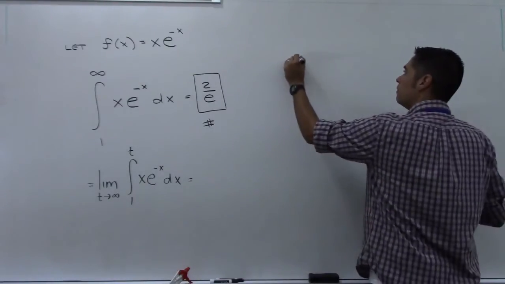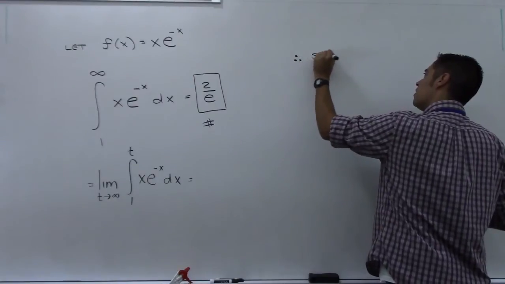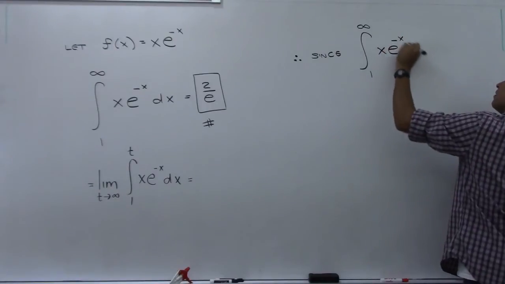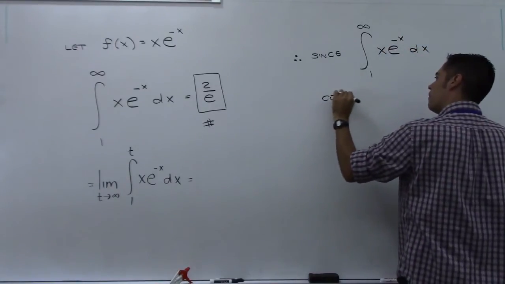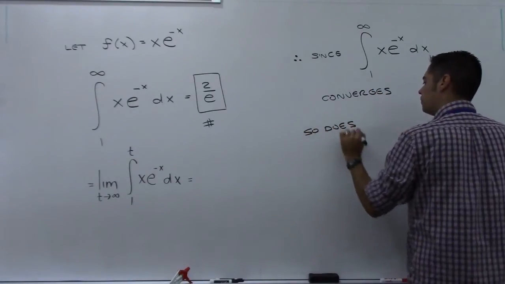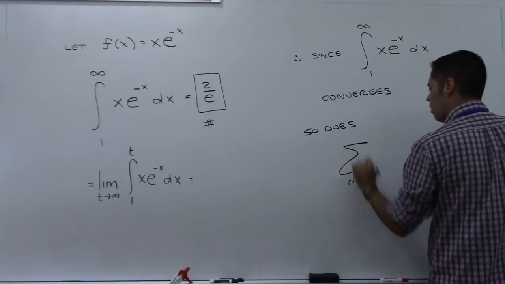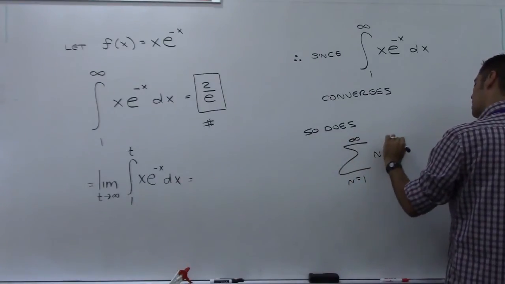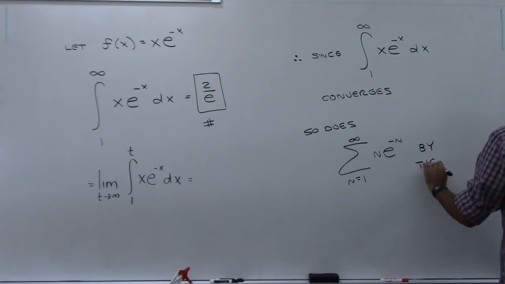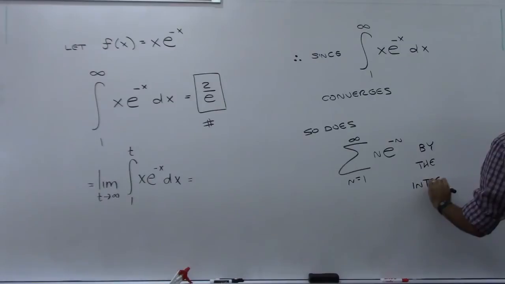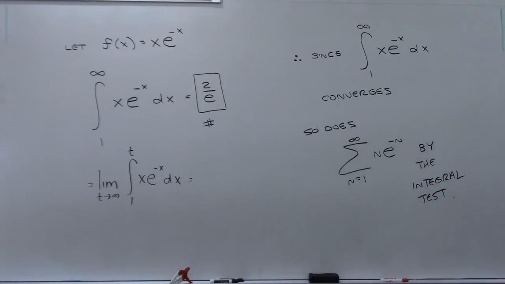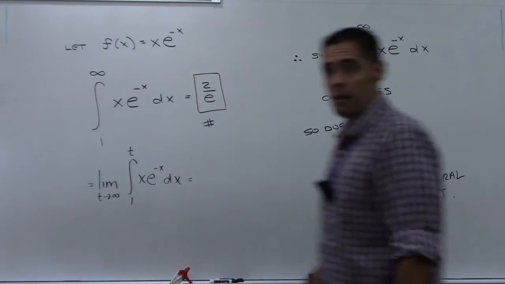So, therefore, since the integral from 1 to infinity of x e to the negative x dx converges, so does the sum from n equals 1 to infinity of n e to the negative n by the integral test. Done. It's a lot of work. It's a lot of work for that problem.